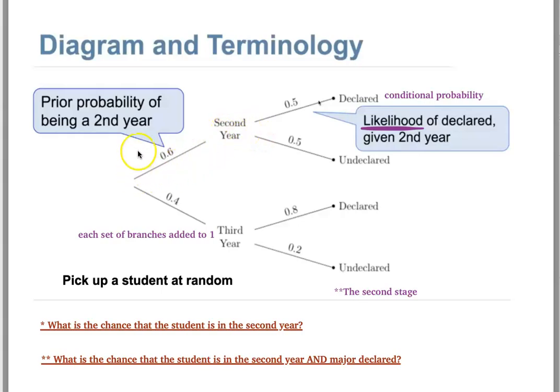They can be second year or third year, but since I only focus on the second year, then the major is declared. So we have 0.6 times 0.5 equals 0.3. So that's 30%. This one we call the combined probability.